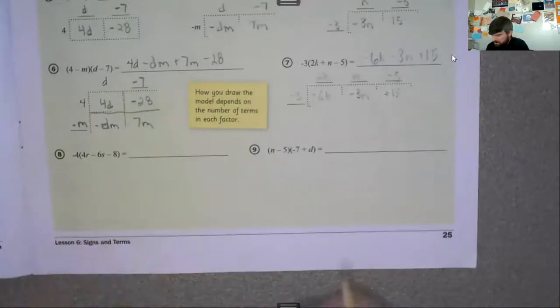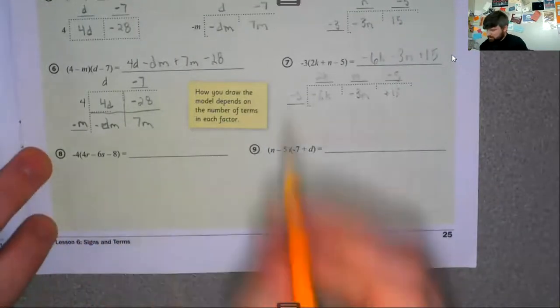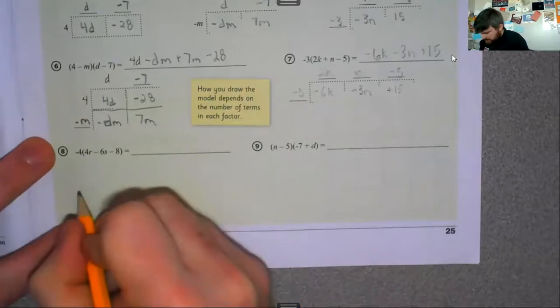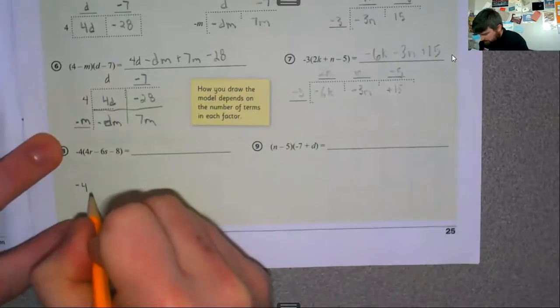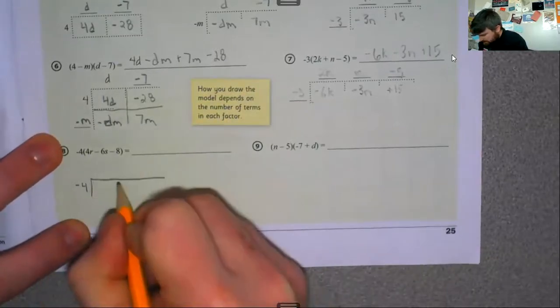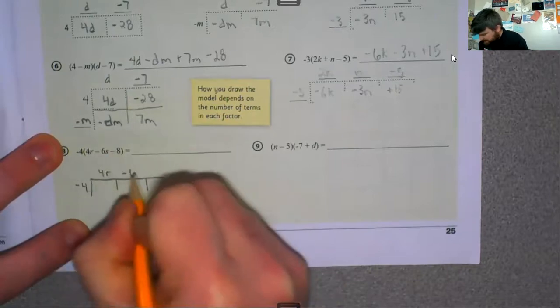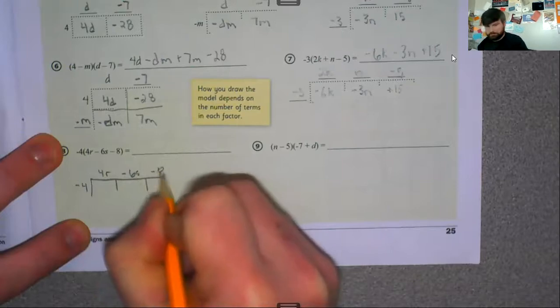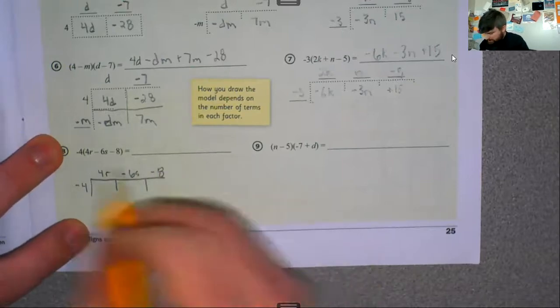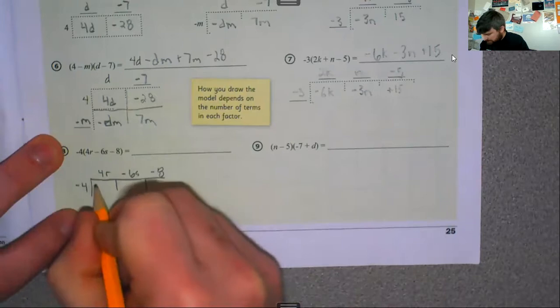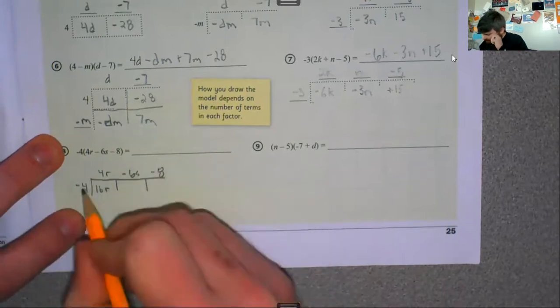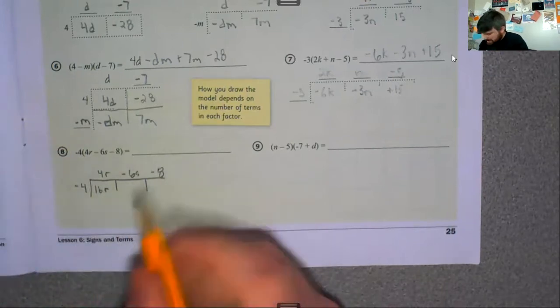And for the last ones on this page, they don't really give us anything. Okay, so we get to design our own area model. So I'm going to take negative 4 here. And I got three terms here. So 4r, negative 6s, and negative 8. So I have negative 4 times 4r, that's -16r. I have negative 4 times negative 6s.